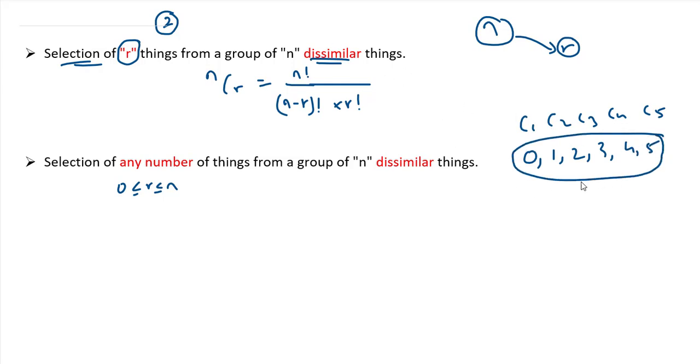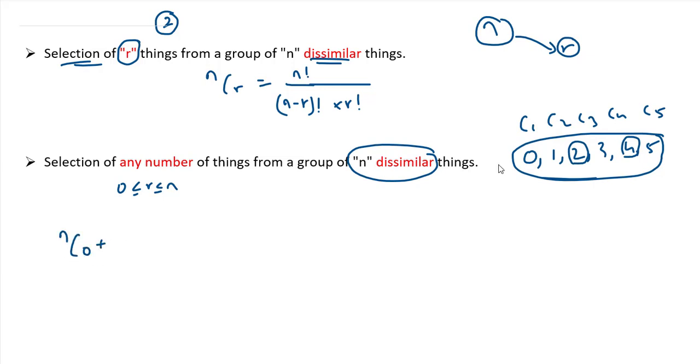Whereas in the previous case, the value of r was fixed. It could be either only 2 or only 4. Only a single value of r was there. But in this case, the value of r, you can take any of these values. So how can this be done? For selecting zero number of things from a group of n dissimilar things, we'll use the formula for nC0.